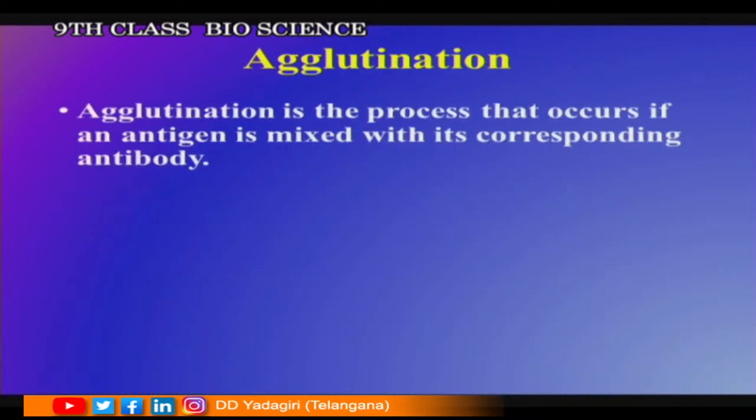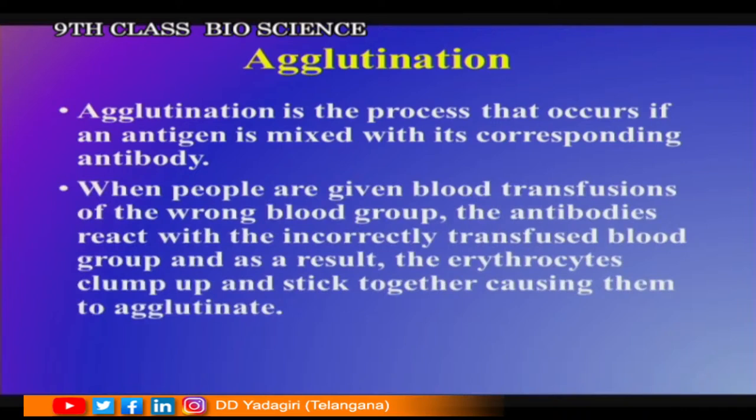Here you have to first study about agglutination. What is agglutination? It is a process that occurs if an antigen is mixed with its corresponding antibody. As I told you, you cannot receive blood or donate blood to any kind of patient. Why? What happens actually? If the patient with a blood group A is given a blood of blood group B, then what happens?